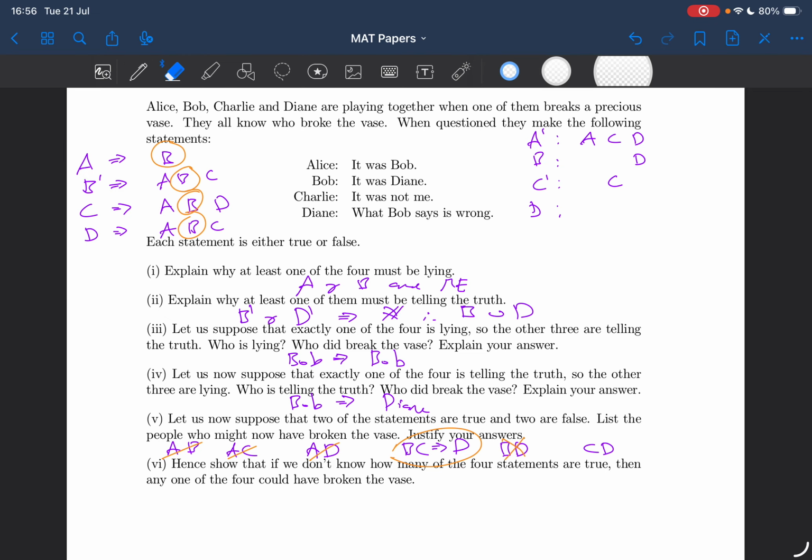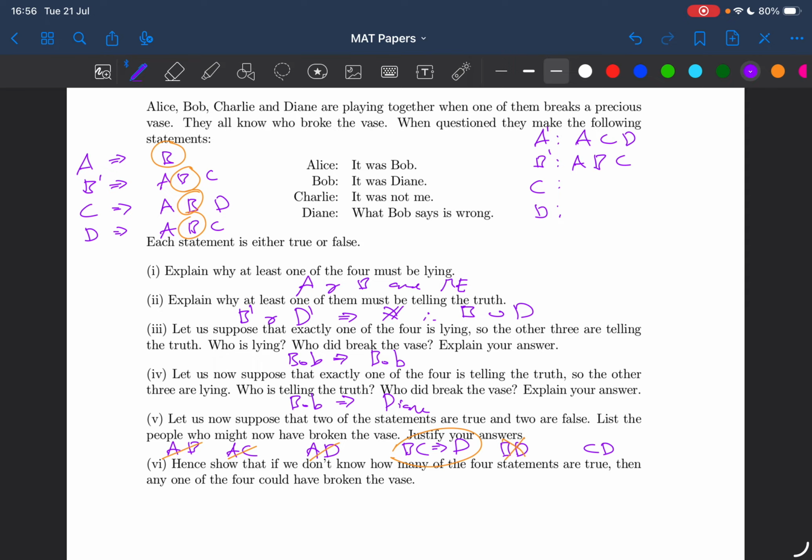And last one then, just to go through and check. C and D. So A and B must be lying. So if Alice is lying, it was Bob. No, it wasn't. A, C, D. Bob, it was Diane. No, it wasn't. So it must be A, B, or C. Charlie is telling the truth.